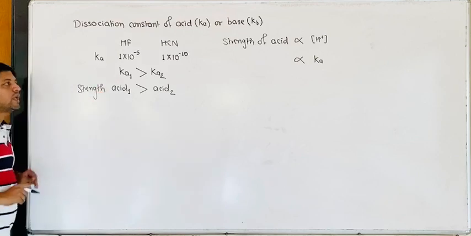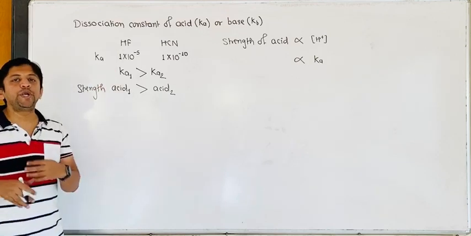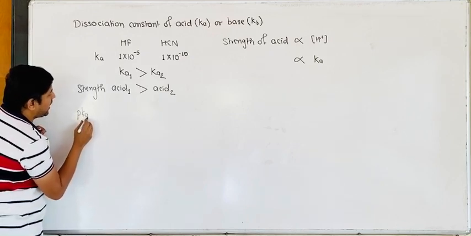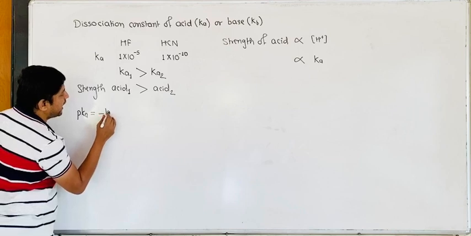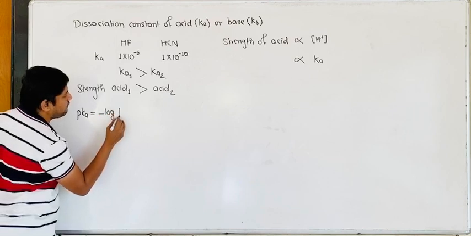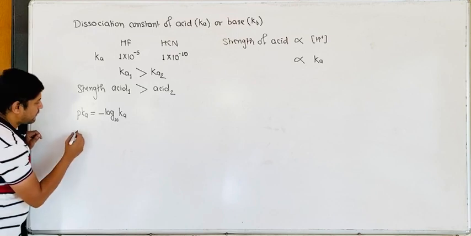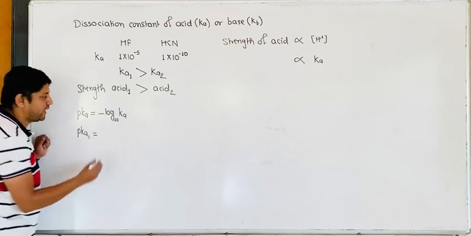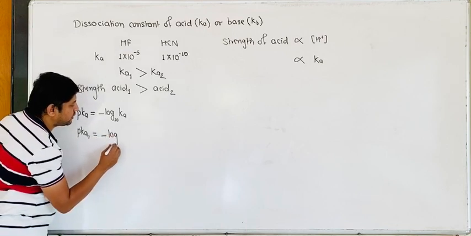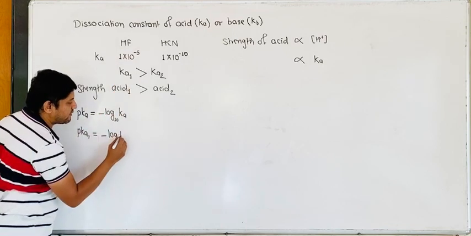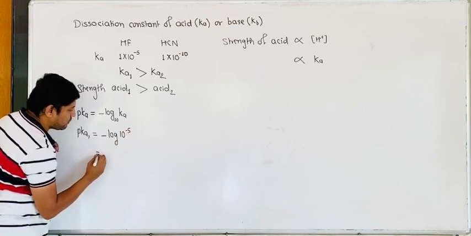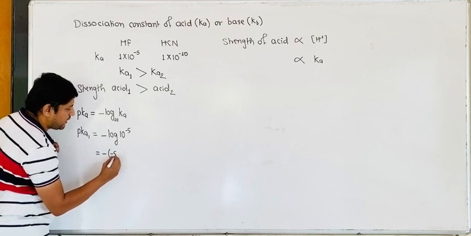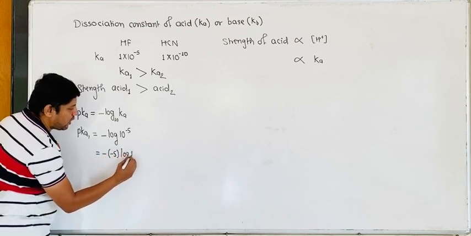Now let's convert these Ka values into pK values. pKa means negative logarithm to the base 10 of Ka value. So pK1 is equal to minus logarithm to the base 10 of 10 raised to minus 5, which is minus into minus 5 into log 10.